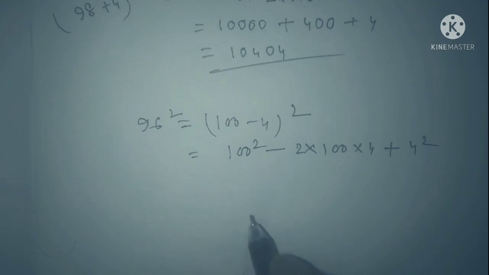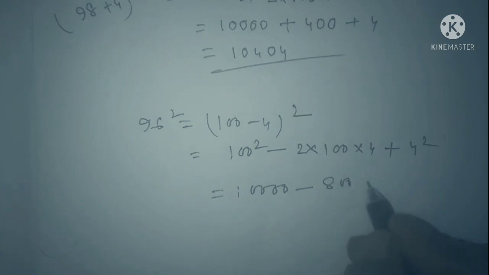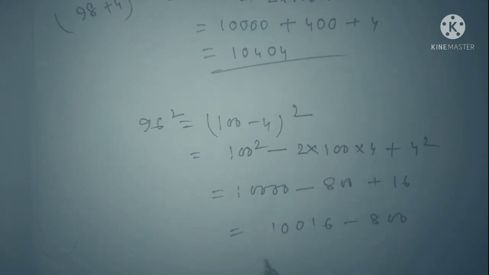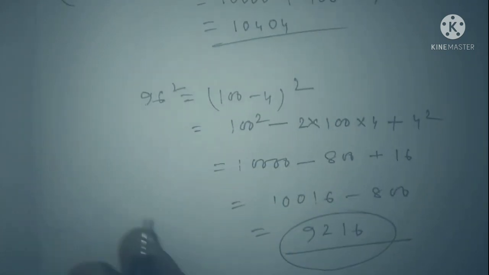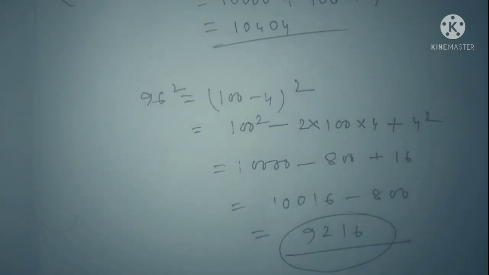So it will be 10000, minus 800, plus 16. If you add 10016 and subtract 800, it will be 9216. Our answer is done. So this is an easy process you can apply to find the square of any number.